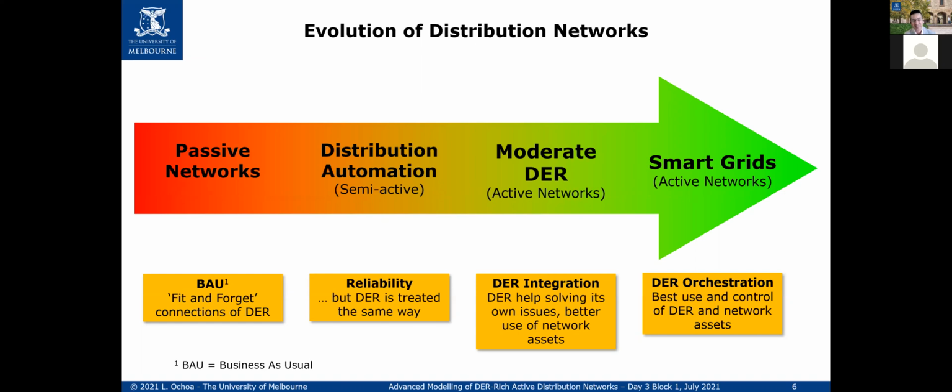Now, in the last few decades, in parallel, we haven't seen just wind farms connecting randomly. We have also seen a lot of distribution automation, and this is totally driven by reliability. This is about having very intelligent systems that detect faults and take an action, like automatic reconfiguration or remote reconfiguration, not necessarily automatic, semi-automatic perhaps.